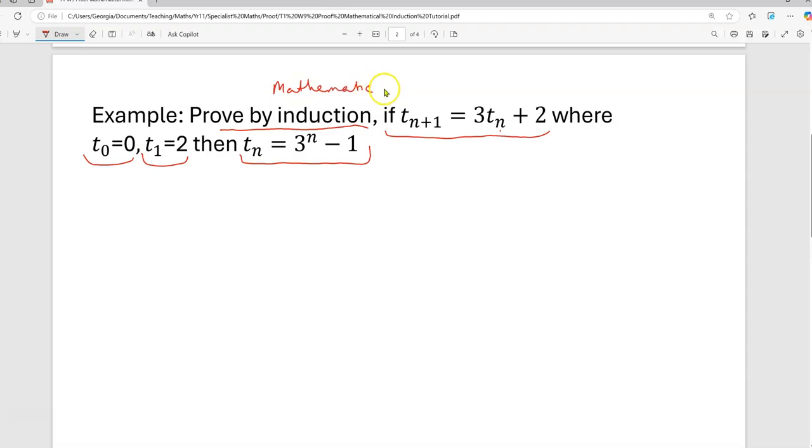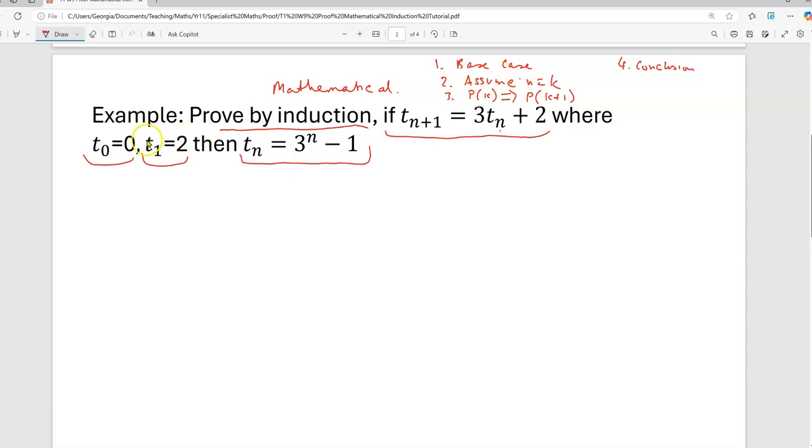Okay, so if we're asked to do this by mathematical induction, we have to follow those 3 steps, which are the base case, assume it's true for n equals k, and then using n equal to k, we can imply that it is also true for the next integer or natural number, and then we give our conclusion about how our proof worked out.